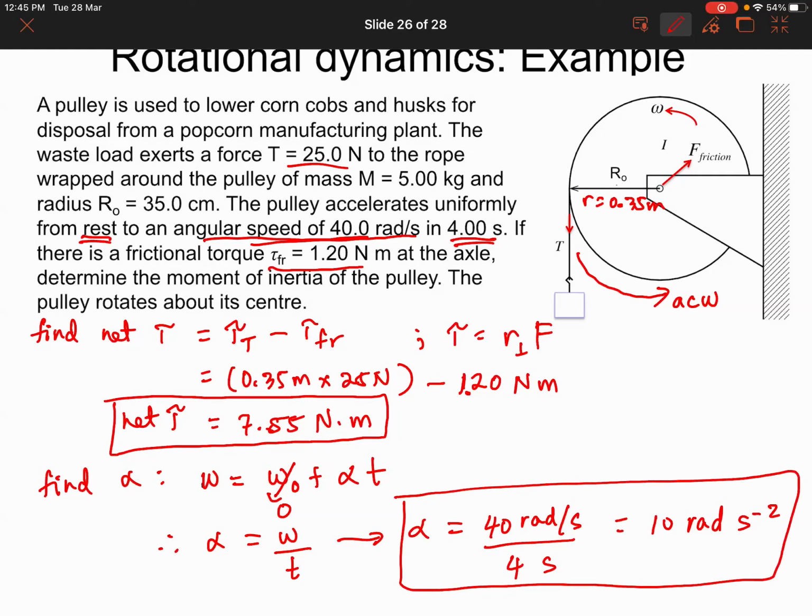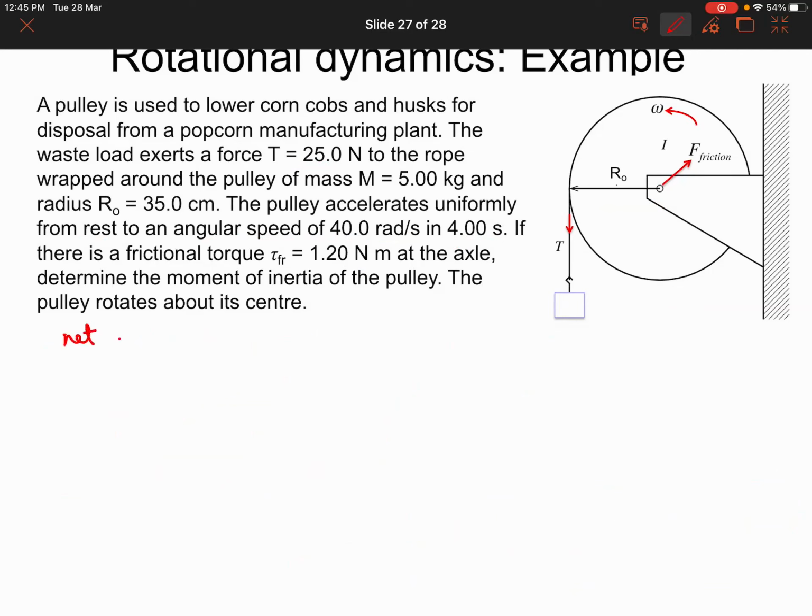Right, so we've calculated the net torque, and we've calculated the angular acceleration. Then we can find the moment of inertia from Newton's second law of motion for rotation. The moment of inertia of the wheel will therefore be the net torque divided by the angular acceleration alpha.